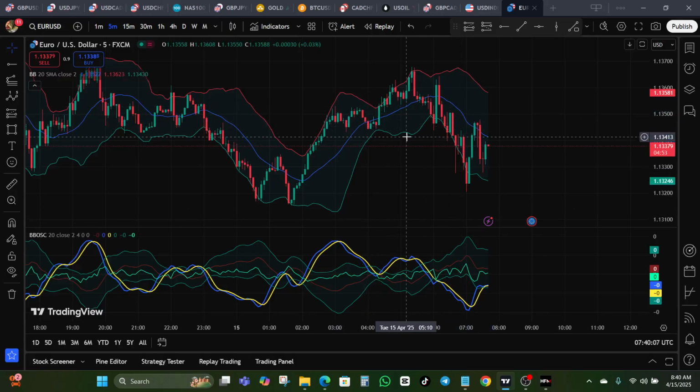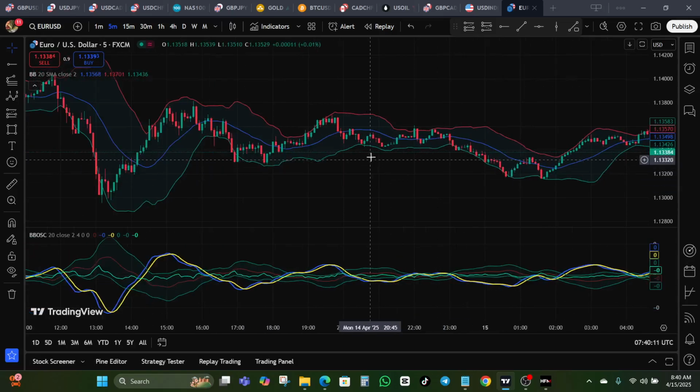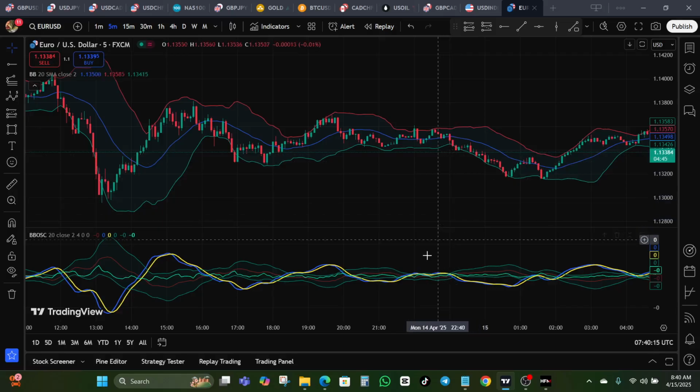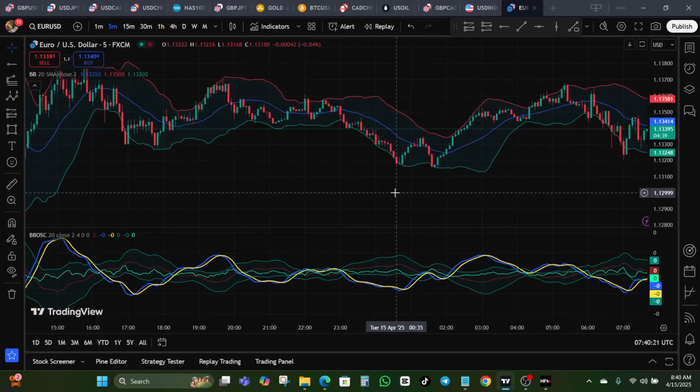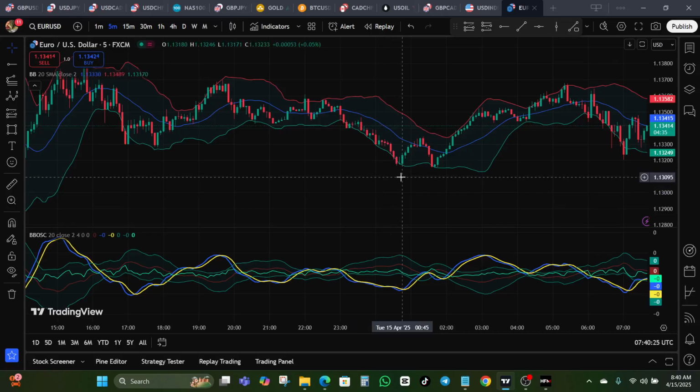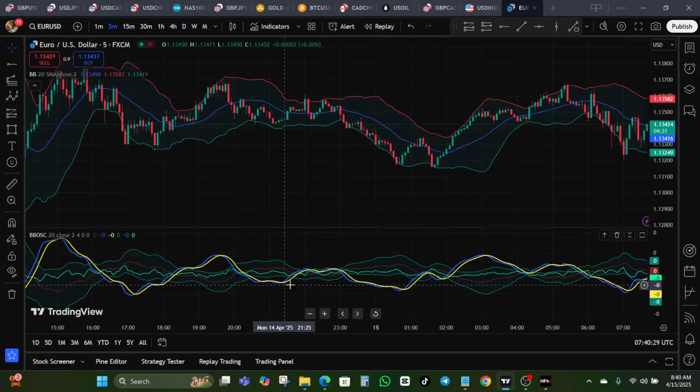Now, unlike the standard Bollinger Band squeeze and breakout method, the oscillator version helps you see the strength and direction of price pressure in a single glance. As you can see, when this squeeze was happening, the two main lines of the oscillator, the blue line and the yellow line, were also moving sideways.